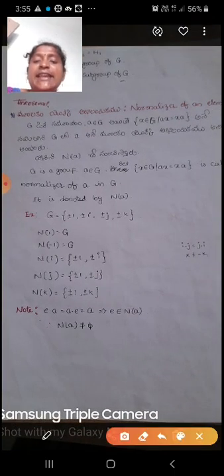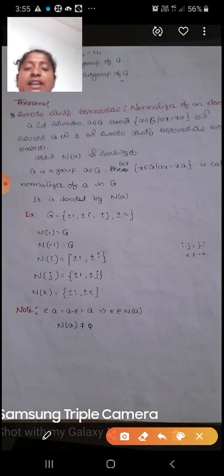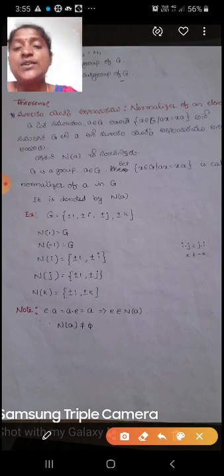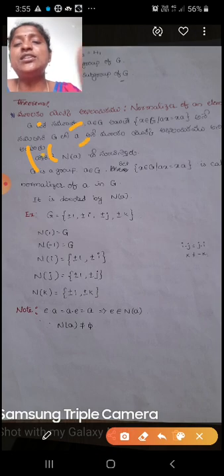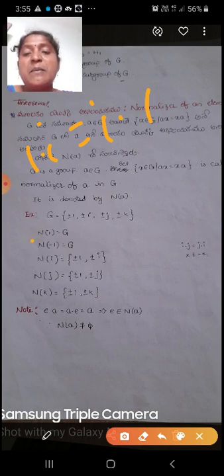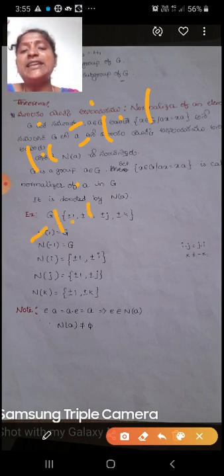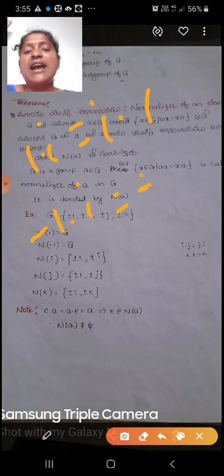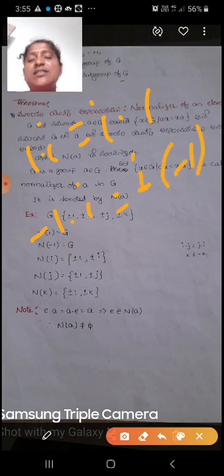Now N of I. If we look at N of I, we can write 1 into I equal to I into 1, and minus 1 into I equal to I into minus 1.